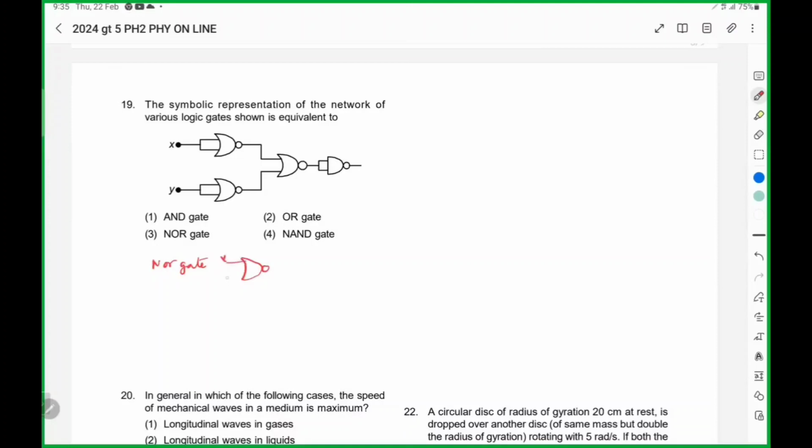So here two different input signals are given. Output signal will be (x plus y) bar. But here when these ends are connected, this NOR gate works as a NOT gate.